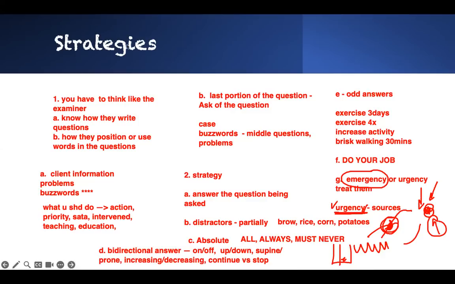And then H. When they give you time, it's a factor. Usually I don't look at time for prioritization. But in a single standalone question, time is absolute.